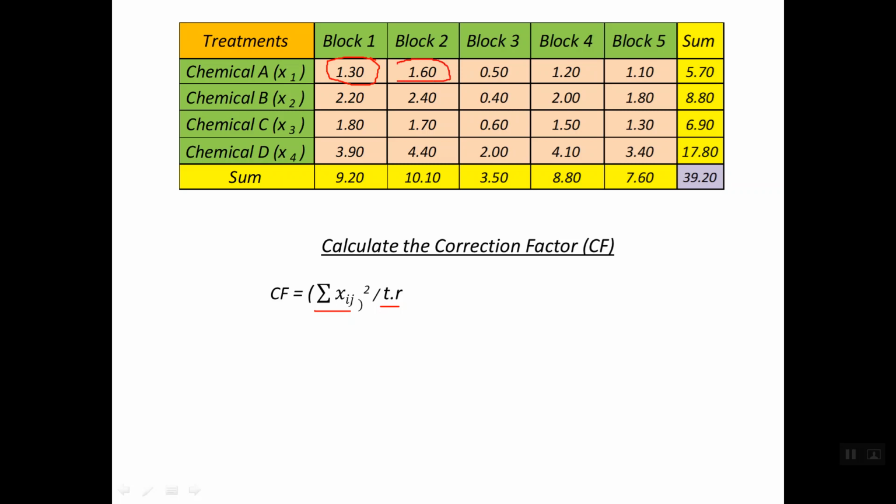This record here, using chemical A, is inside block 2, so it is X12. Regarding this value here, it is inside treatment 3 and in block 3, so this is X33.